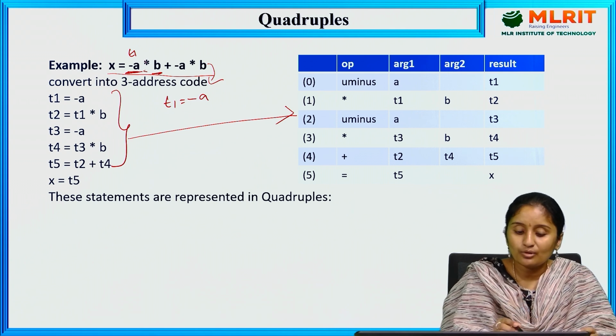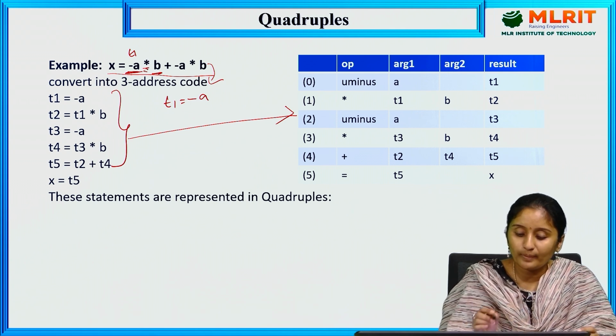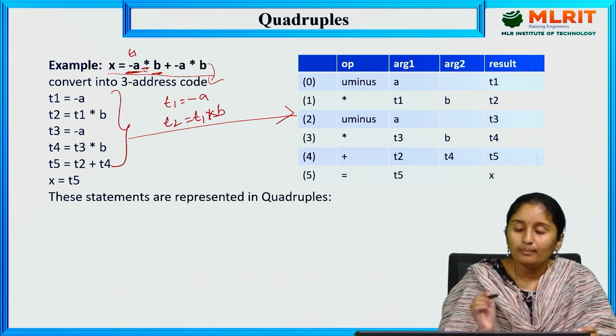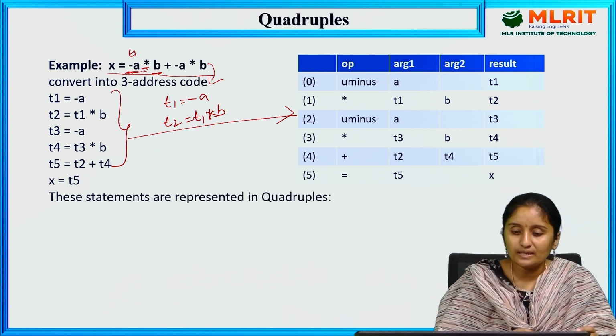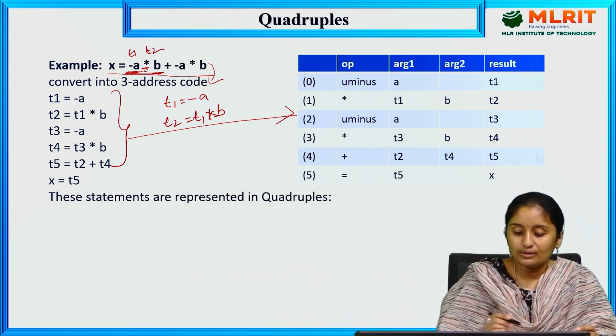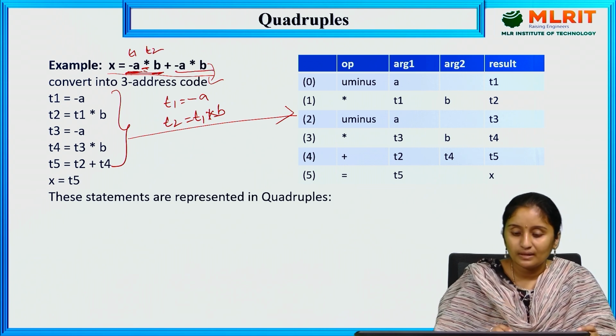So what is the operation here? T2 equal to minus A, which is stored in T1, what is the operator I have here? Multiplication. The next one is B. Now this total is stored in T2. In the same way, we go for the next operation.